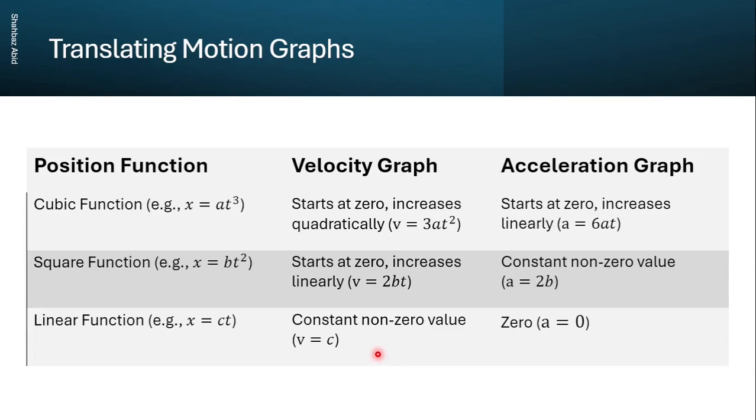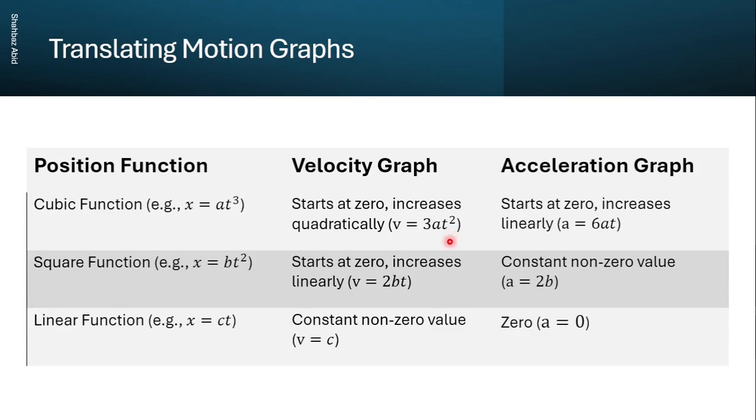As all the graphs are related to each other, let us have a summary of all different types of scenarios. For example, if the position function is a cubic function, x is equal to some constant a t cubed, if I take its derivative, the derivative is going to give me a velocity graph, and it's going to start at 0, but it is going to increase quadratically because t has a power of 2.